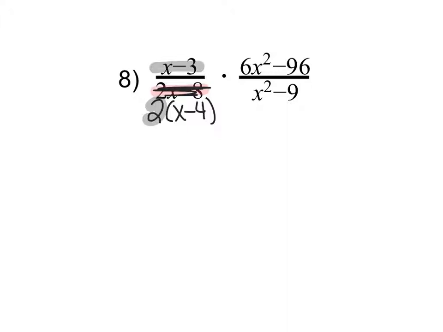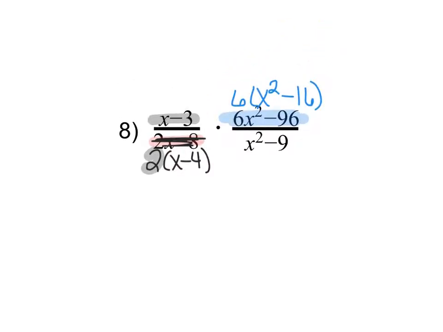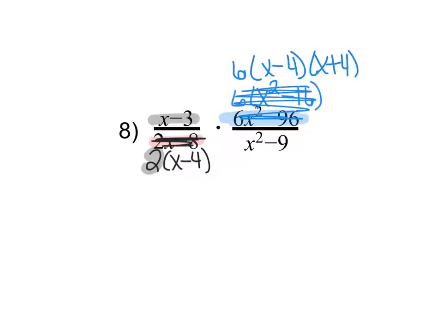And then up here, 6x squared minus 96, I can take out a 6, and I'm left with x squared minus 16. x squared minus 16 is the difference of two squares, so I would have 6 times x minus 4 and x plus 4. I'm going to cross out those because that's how I got it completely factored.